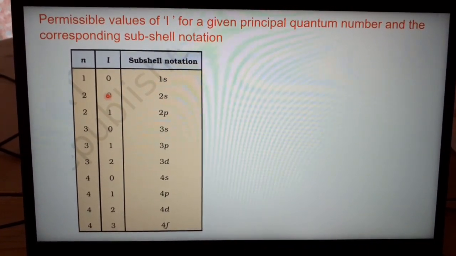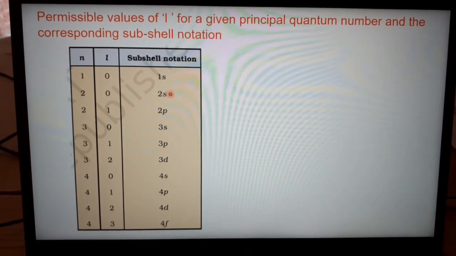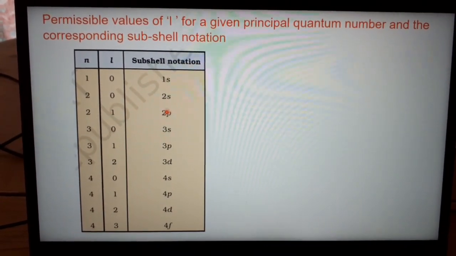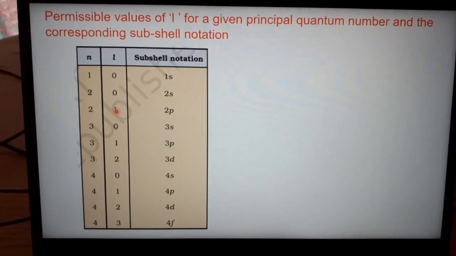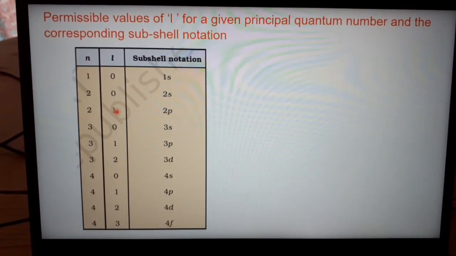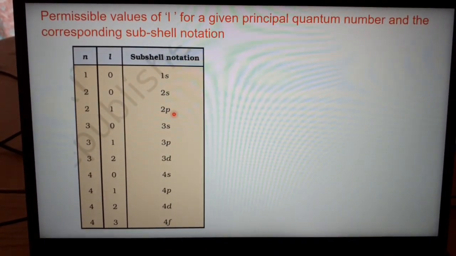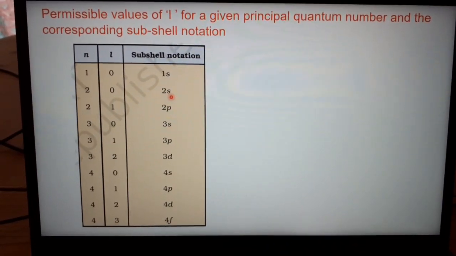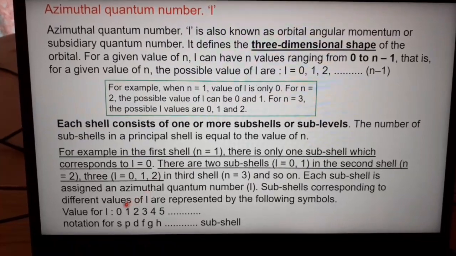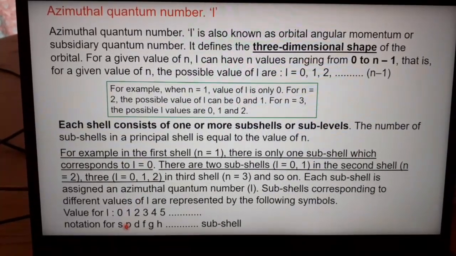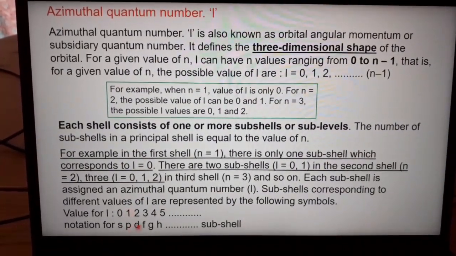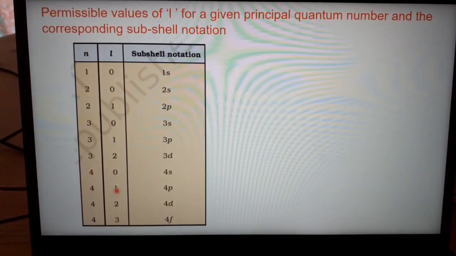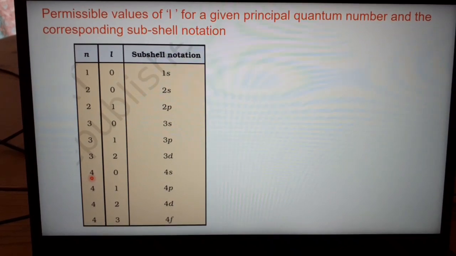When the subshell L value is 0, that means S, so we write 2s. For the subshell value of L equal to 1, we give P, because after S we find P, right? Here you can see S equal to 0, P equal to 1, D equal to 2, and F means 3.